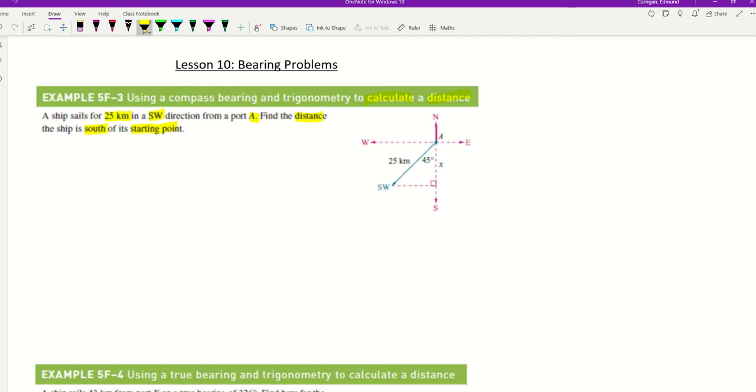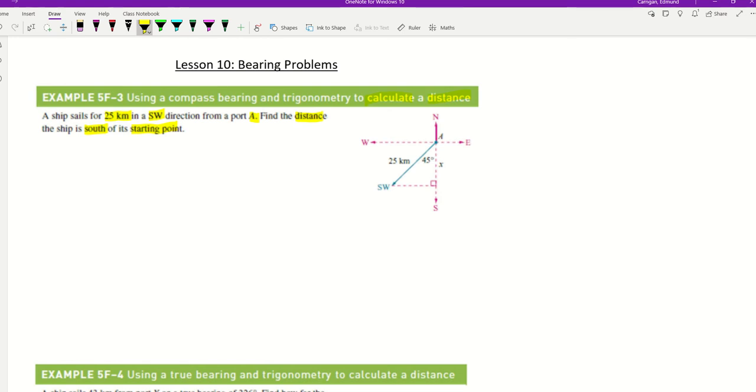So they're the words, I guess, that we need to have a look at. We've got a ship which is sailing. It's going to go 25 kilometres in a southwest direction starting from point A or port A, and we need to find the distance south of its starting point.